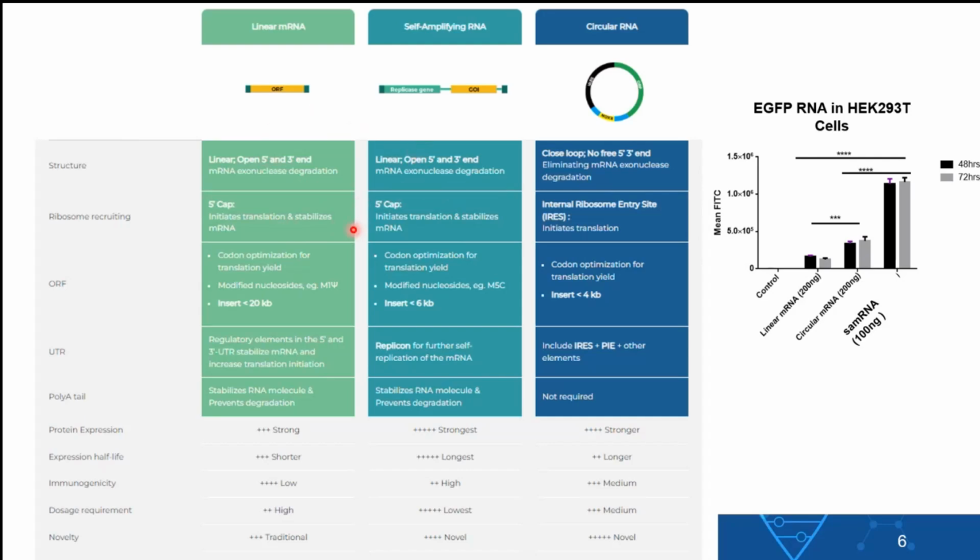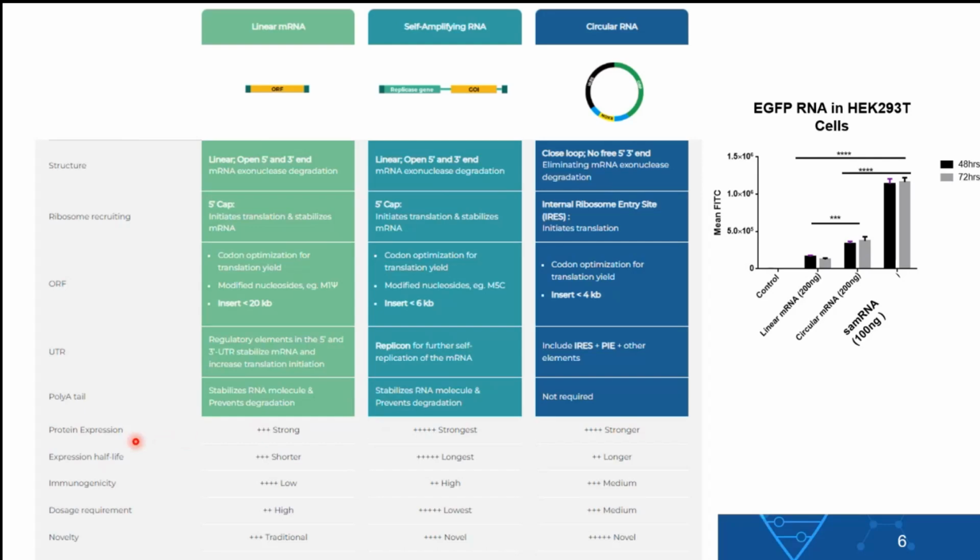Also they have this cap, but this one doesn't need a cap, but it needs the internal ribosome entry site for translation. And for the ORF part, this insertion is below 20 kb, and this one is below 6, and this one below 4. And the UTR part is also different. This circular one doesn't need a poly A tail, but these two need it for stabilization.